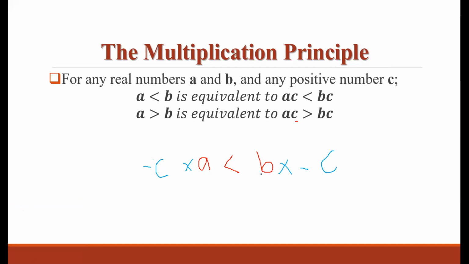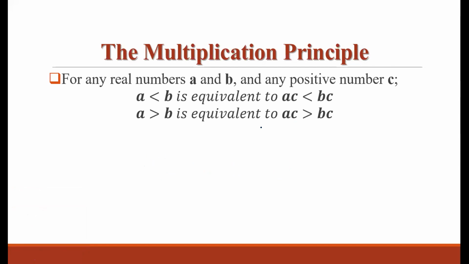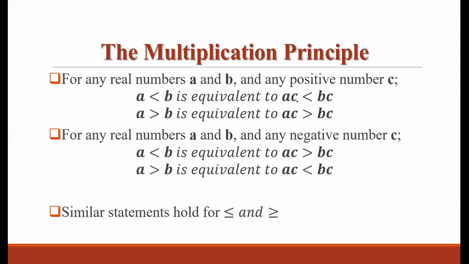This is almost explaining the same principle up here, so I'm not going to take you through this. I'm going to proceed to the next slide. Provided you have any constant and you're multiplying it with any value on both sides, the sign does not change. I'm going to take you to the next screen.